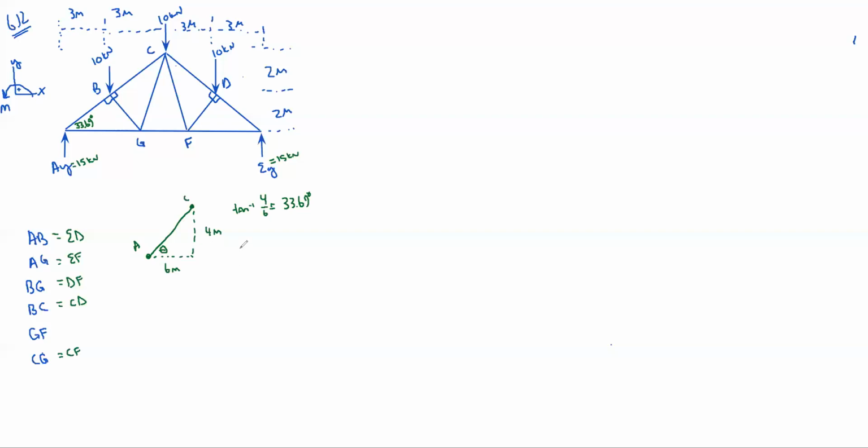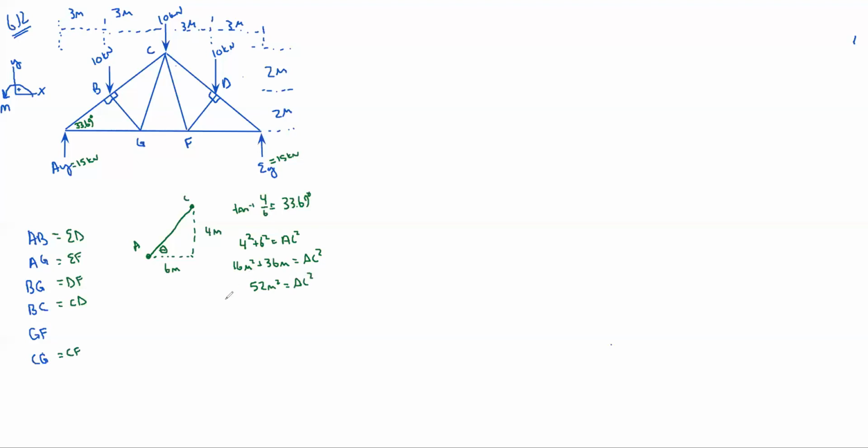At some point, I needed to know what the distance between A and C was. So I can use the Pythagorean theorem for that. 4 squared plus 6 squared is equal to AC squared. So that's 16 square meters plus 36 square meters, which is 52 square meters, equal to AC squared.